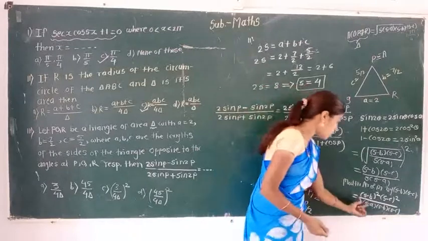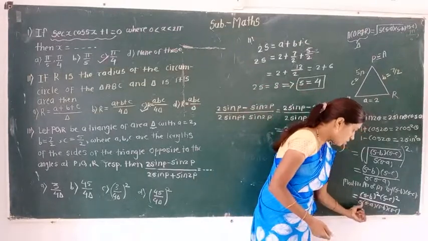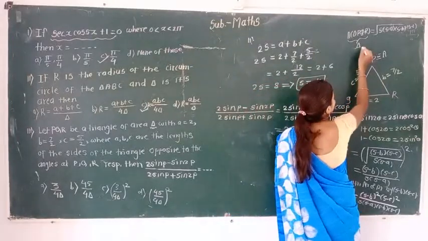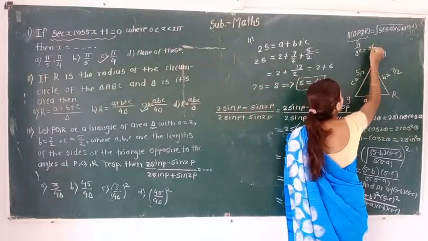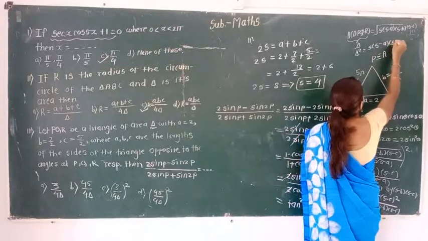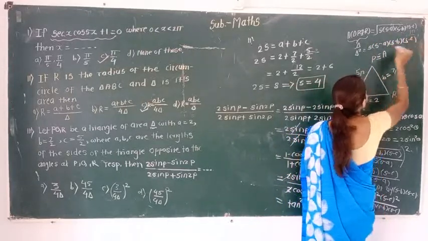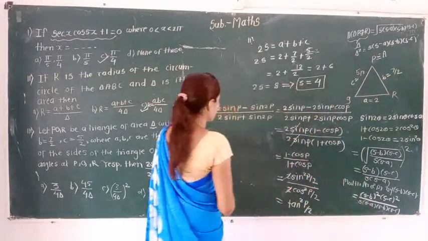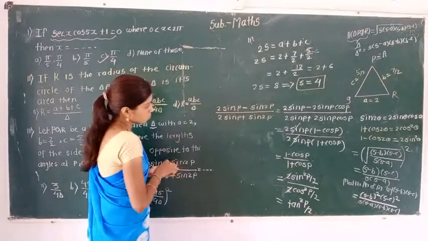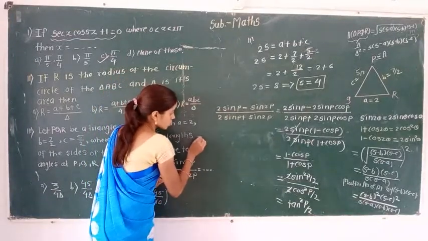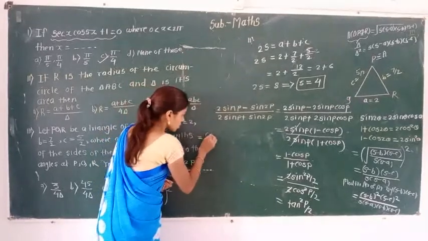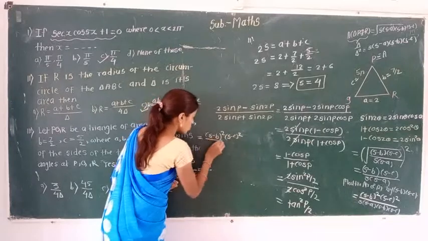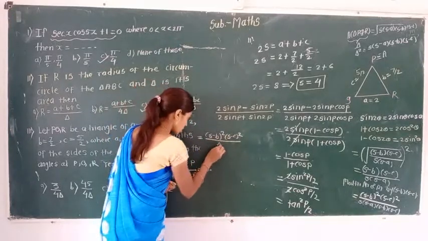But we know that the area of the triangle is delta, so delta square is S (S minus A)(S minus B)(S minus C). So put the value of the denominator as delta square, and we can write (S minus B) bracket square (S minus C) bracket square, whole term divided by delta square.